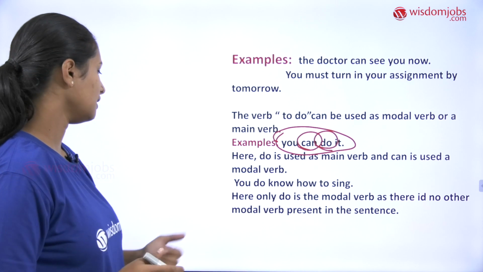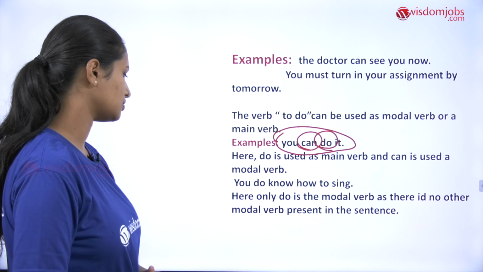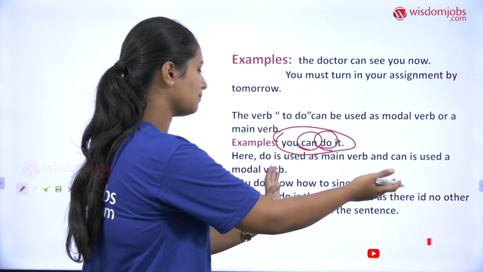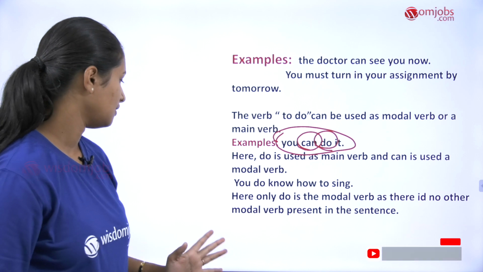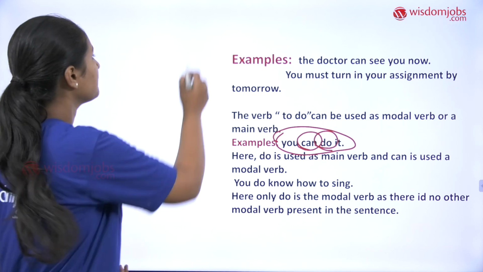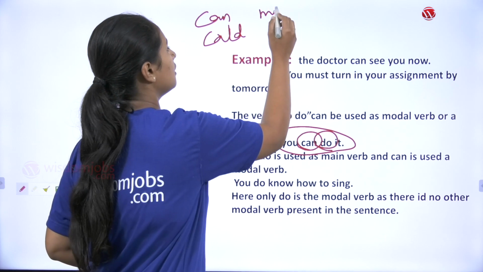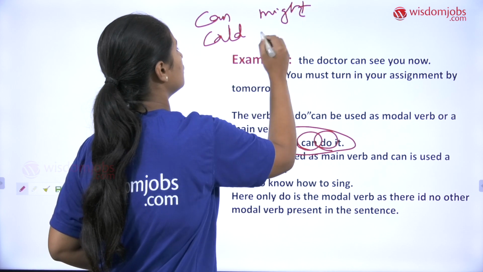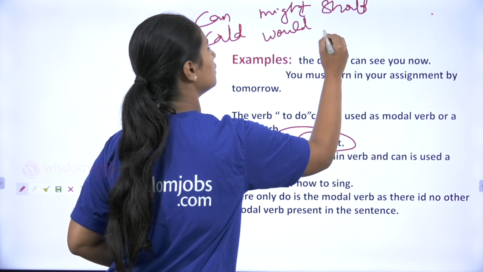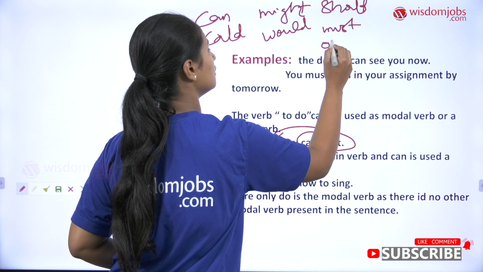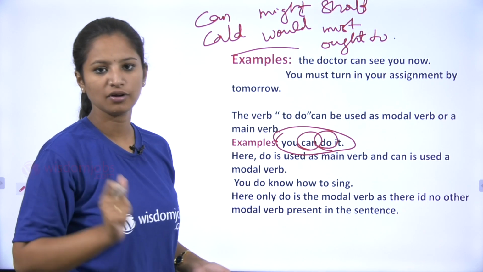Now let us see another example. You do know how to sing. Here, do is the modal verb as there is no other modal verb present in the sentence. Just now I told you can, could, might, would, should, must, ought to are various examples of modal verbs.